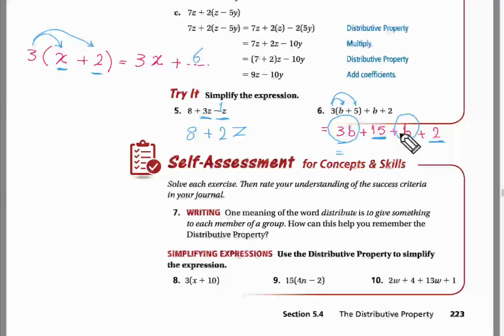Remember, Ali, if you don't have any coefficients, the coefficient is 1. So 3b plus 1b, 4b. Excellent. And now 15 plus 2, 17. So the expression is 4b plus 17.